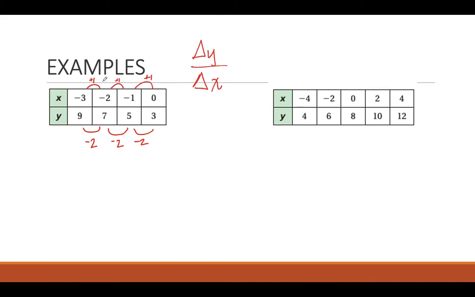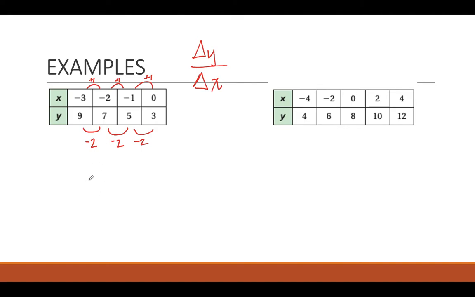So you should get the same answers along the bottom and the top. All of these are +1s and all of these are -2s. That should happen. If it doesn't, either it's not a straight line or there's something else you have to do. But like I said, I'm going to keep it simple for you, where they're all going to be the same.